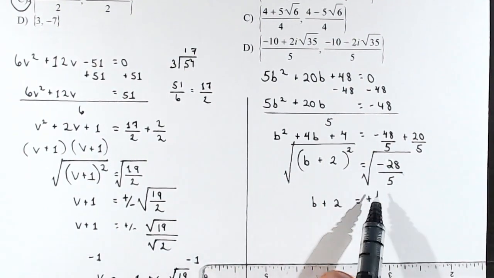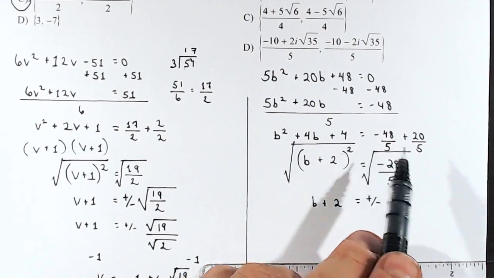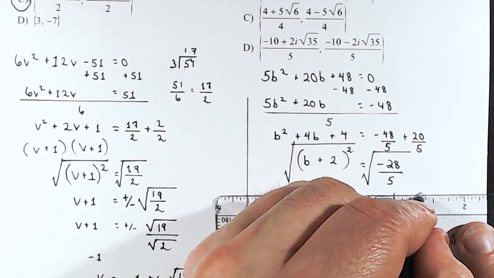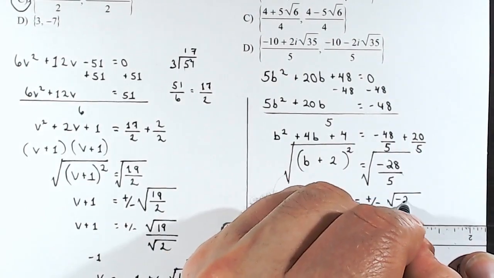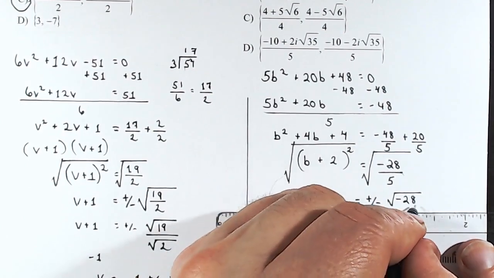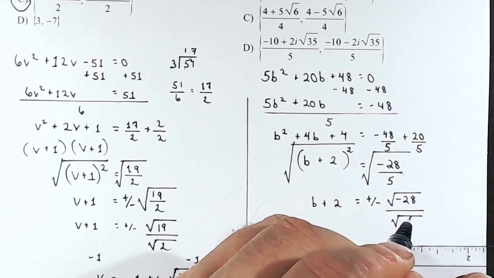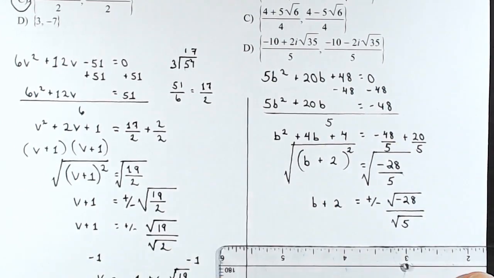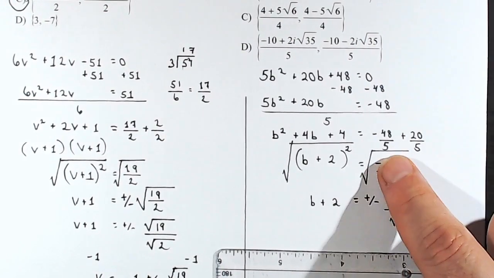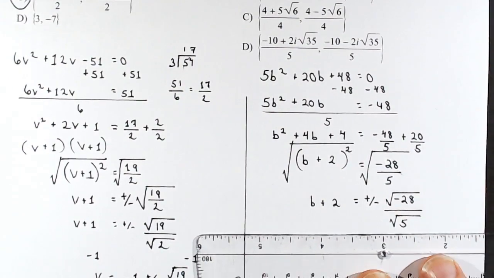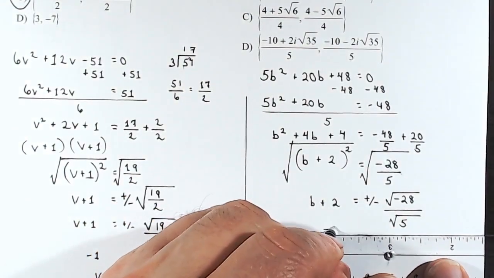And instead of writing the square root of negative 28 over 5 all together, I'll write the square root of negative 28 over the square root of 5, because I can break up the square root like that. That's legal. The square root of a fraction is equal to the square root of the numerator over the square root of the denominator. So now I'll subtract 2 from both sides.